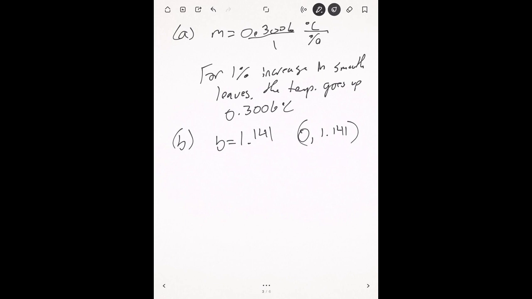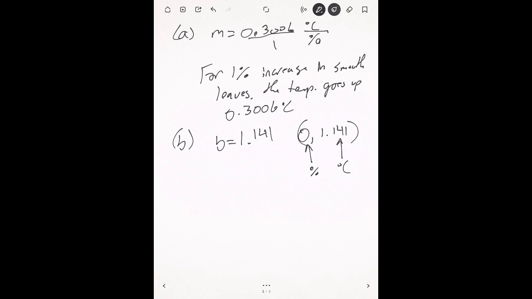Again, let's put some units on this. These are my x's, so that's percent. This is my y, so that's degrees Celsius. So what does this mean when x is 0 and y is 1.141? Pause the video, take a minute, think to yourself or with a partner, what does this mean for my problem?